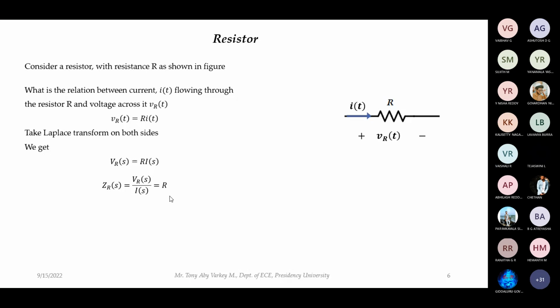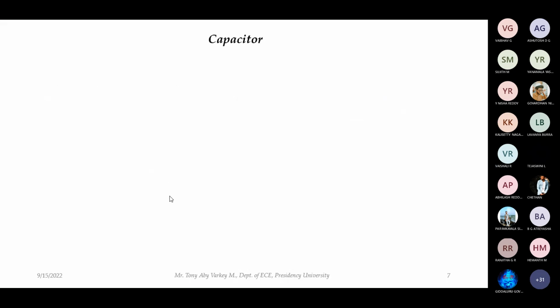Okay, now we will look into the capacitor. Obviously, according to frequency, the impedance of a capacitor varies. So see how it varies by transforming it into the S domain. S domain basically means frequency domain. We'll consider one capacitor.